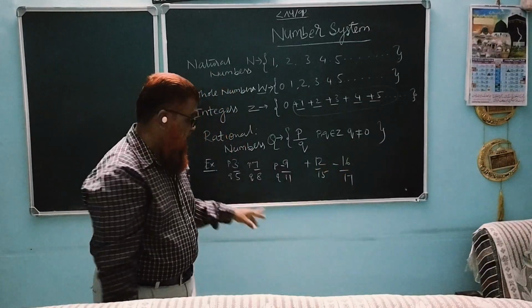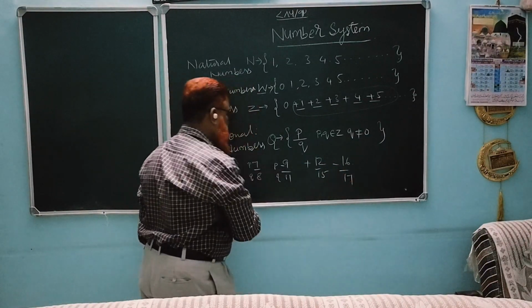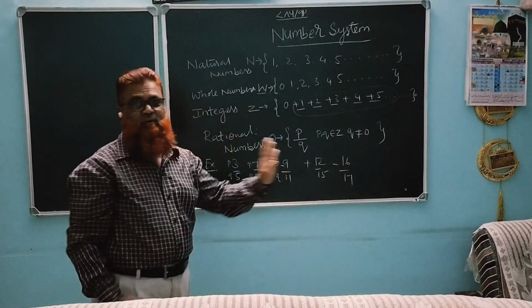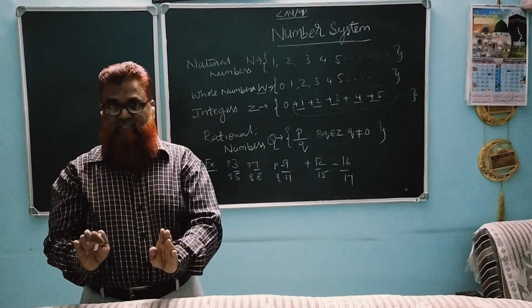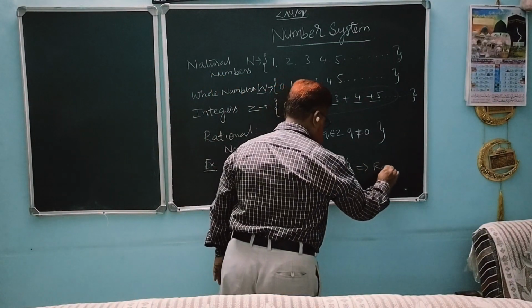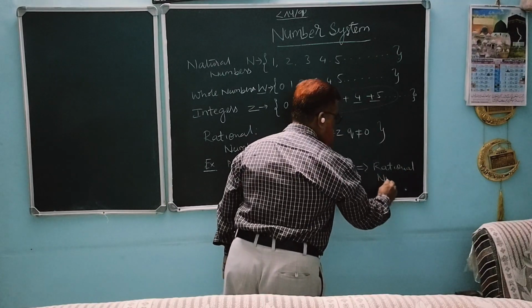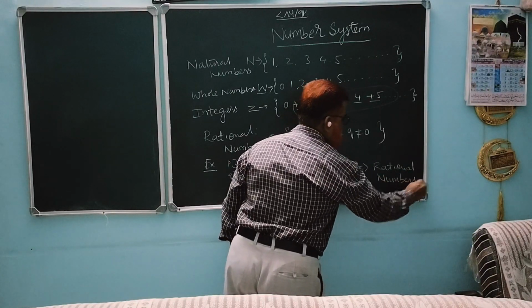What is the condition? The q must not be equal to 0. We have not represented any 0 in the lower part. So q is non-zero. This is an example of rational numbers. I hope you follow it.